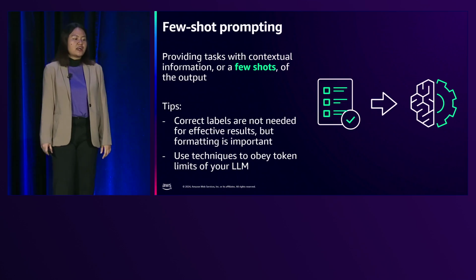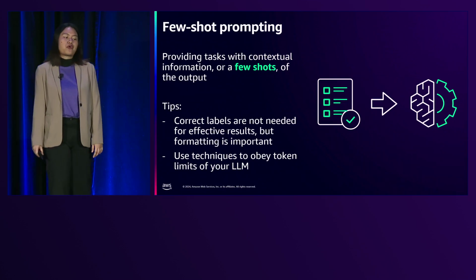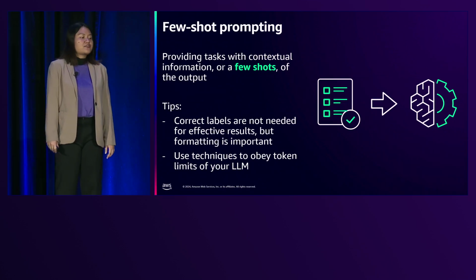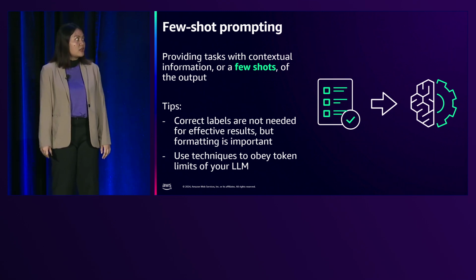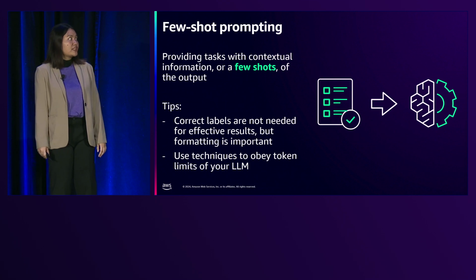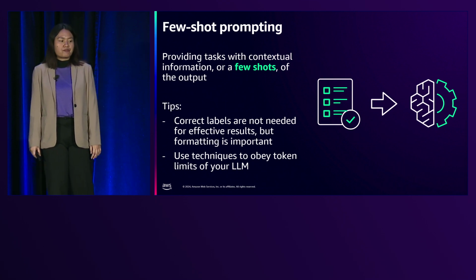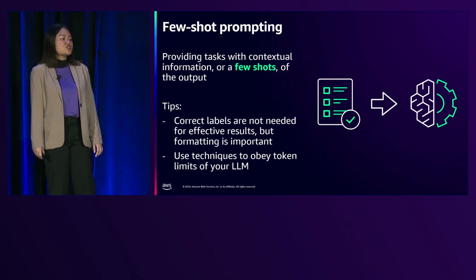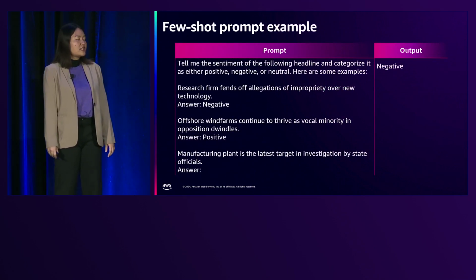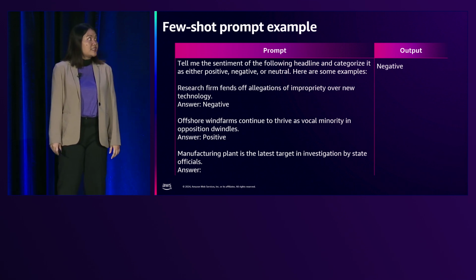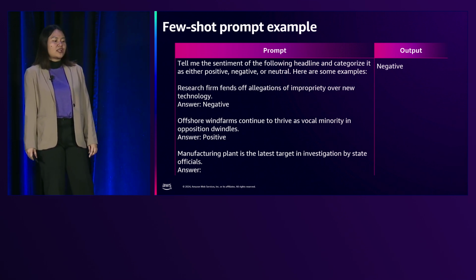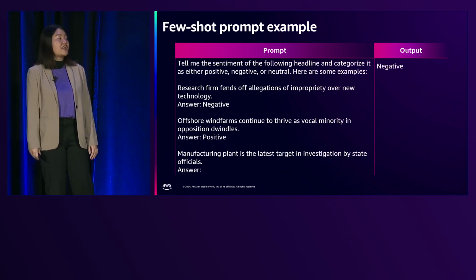And the next one would be few-shot prompting. With few-shot prompting, you need to provide some information or an output or example for your prompt. In this example, you want to ask about this specific paragraph, whether it's a positive, negative, or neutral sentiment.